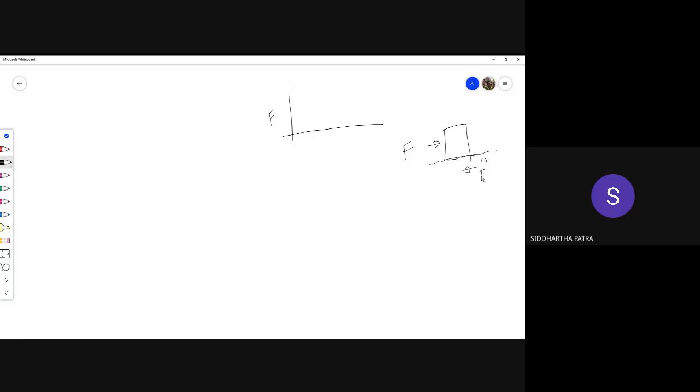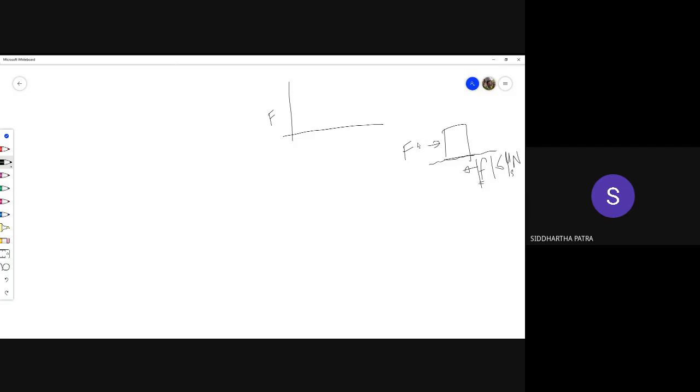But this friction force is self-adjusting. It will always balance F as long as it can. The limit of the value of F is that its absolute value is less than or equal to mu s times N. But within that limit, it can take any value, whichever is required to counterbalance this force F right here.